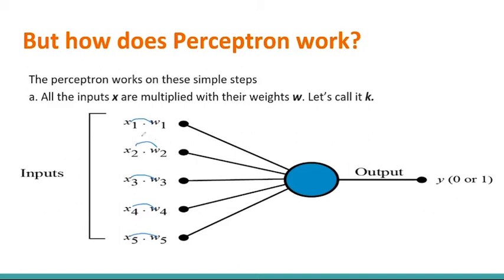Then you sum them together. So right here, you are more or less having the summation of x_i w_i, where i starts from 1, like in this scenario, to 5. So take a look at that.